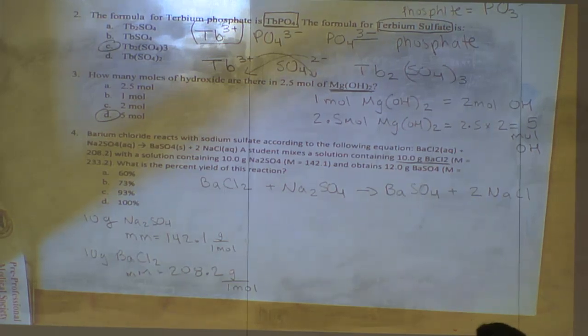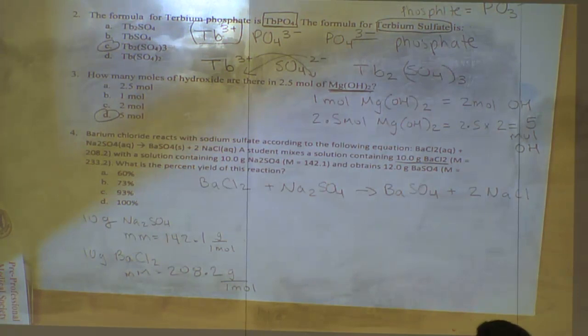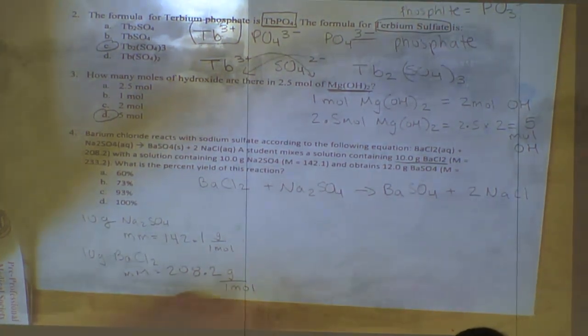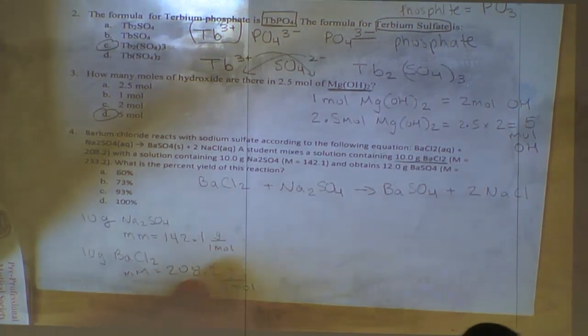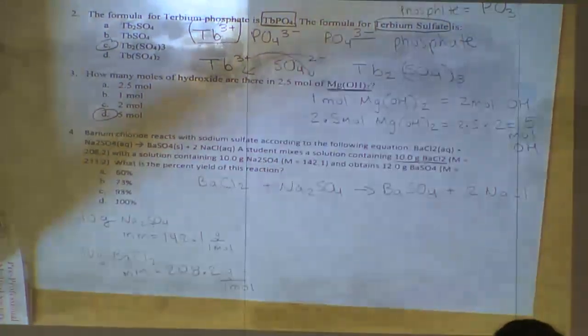Yeah, nice. 208, because that's our molar mass. So essentially, in 1 mole of it, we have this many grams of it. As you can see, different compounds have different amounts per mole. That's why we have different molar masses, right?